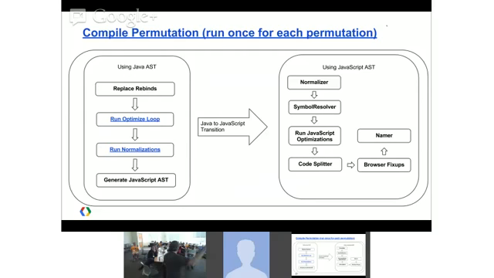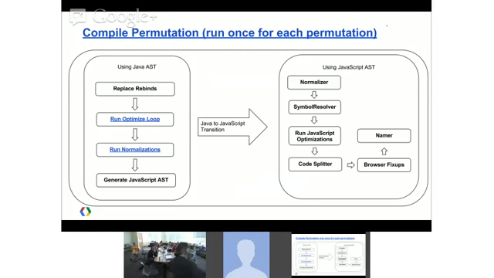For example, one thing that we do there is if you have several catch blocks for a try, we transform it into just a single one to mimic what you have in JavaScript, so the code for the translation becomes simpler. And then we transform the Java AST into a JavaScript AST.